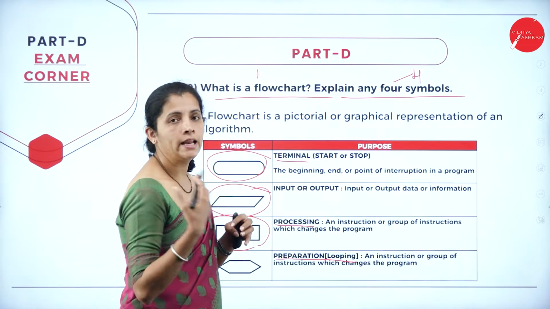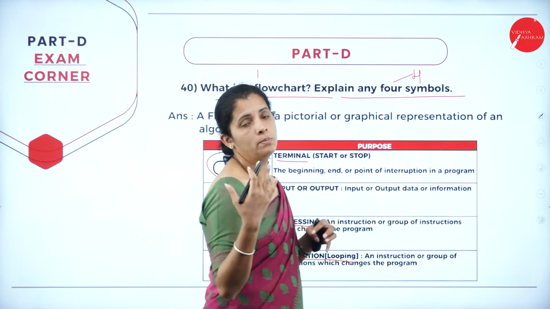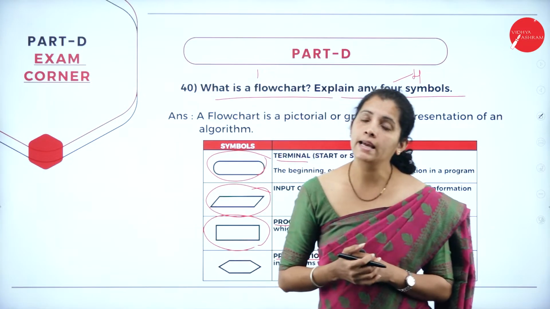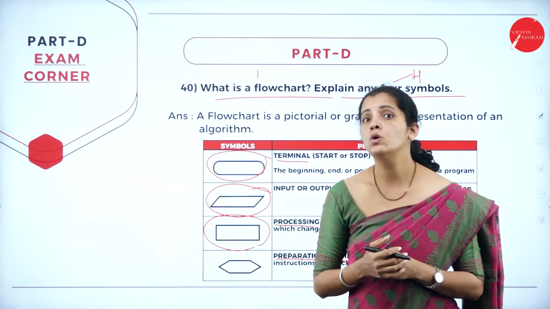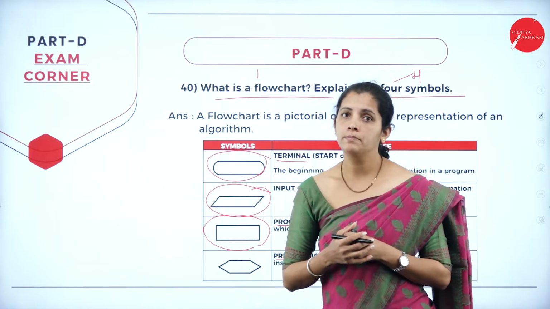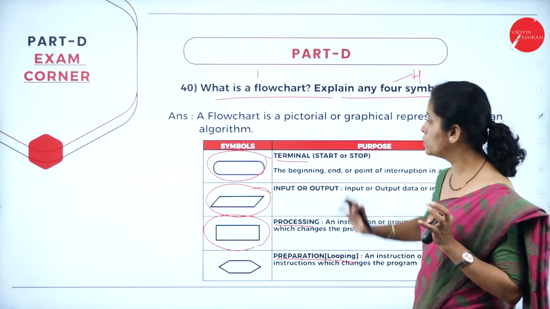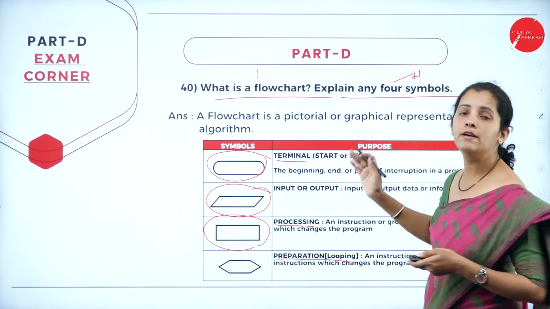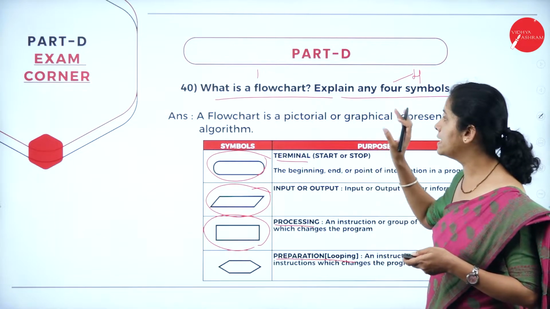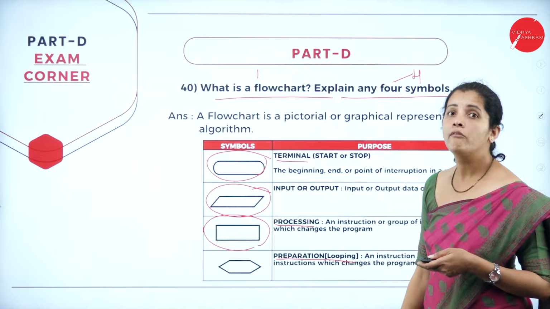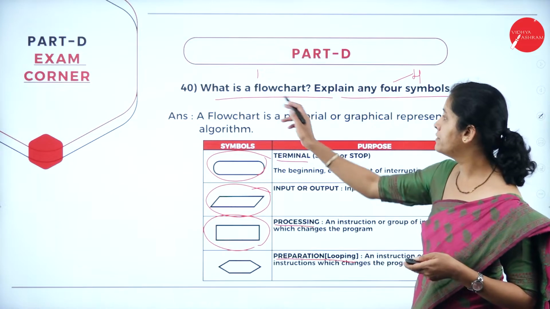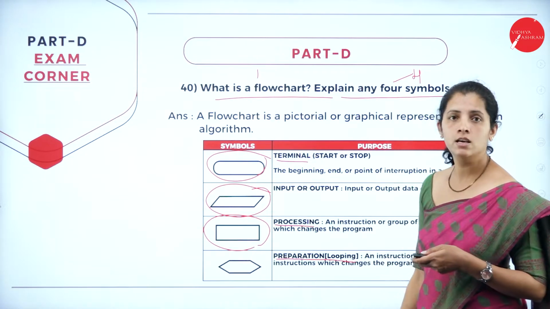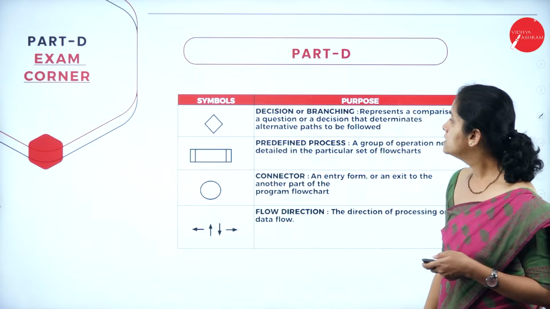Along with that, I can use the rhombus. Along with that, I can use an arrow to represent the flow. So what I want to do is draw the symbol, along with that write the meaning or purpose of the symbol, and it carries total 5 marks. 1 for the definition and 4 marks for the symbols. Now, see here.